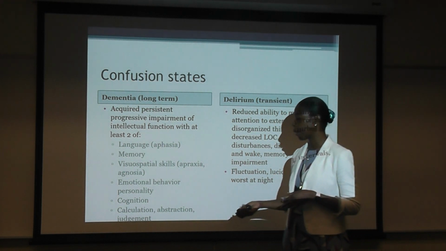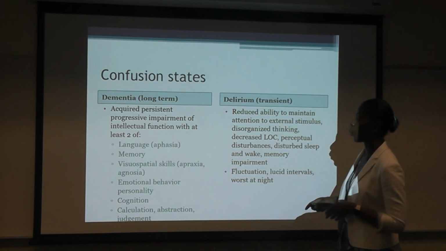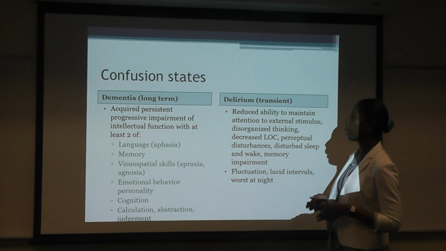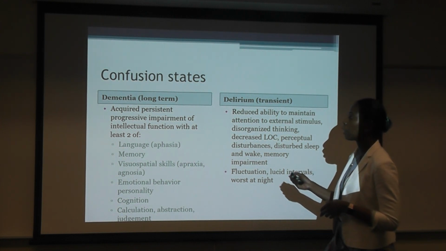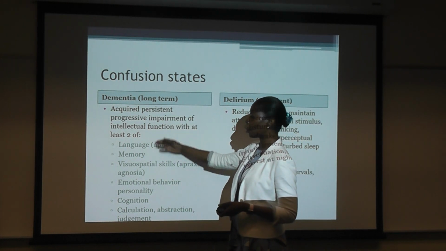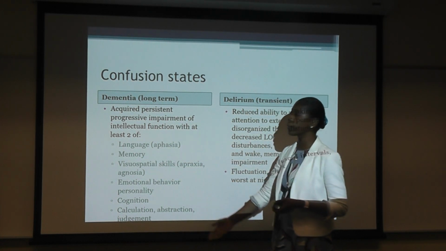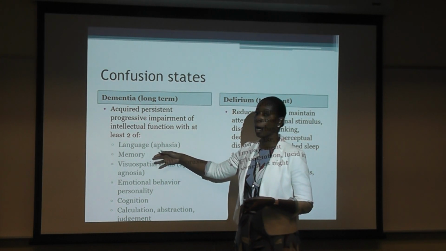Cognitive and emotional ability, calculation, abstraction, and judgment usually fade away in the long-term dementia patient as opposed to the delirium patient. Again, with dementia, sometimes, in the early stages at least, they can tell you things that happened years ago.